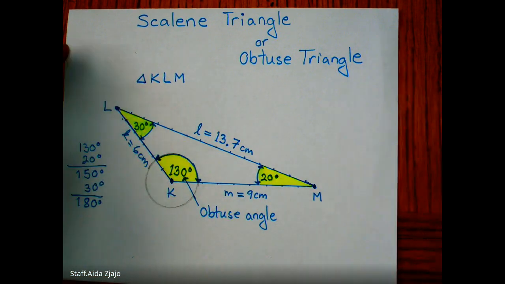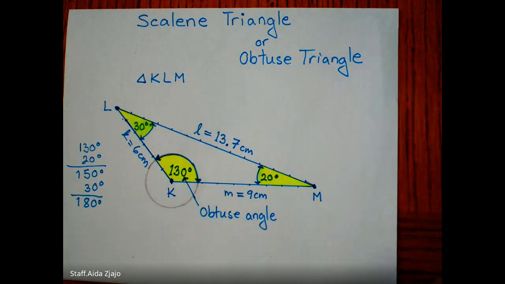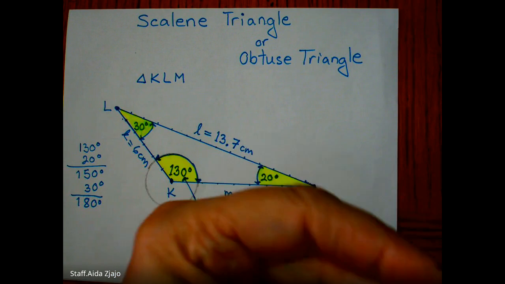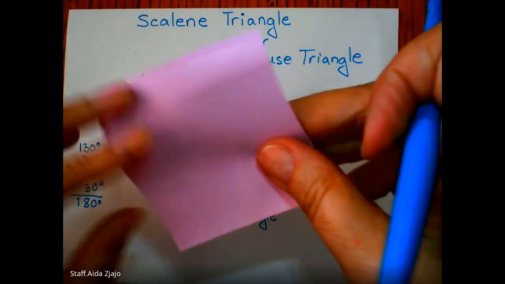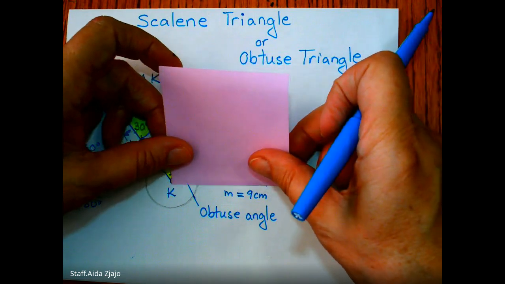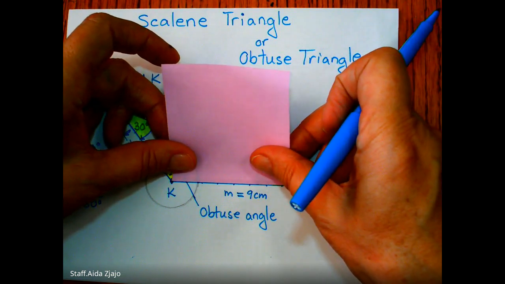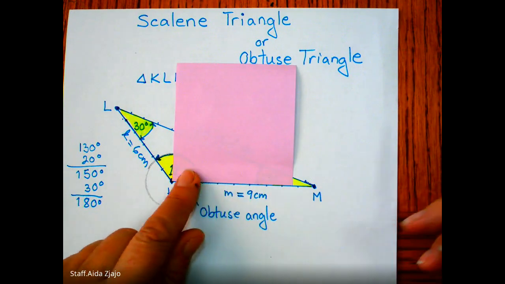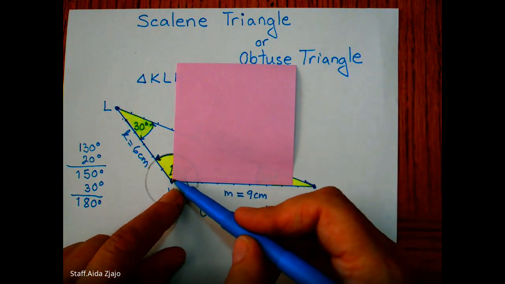We can check that with the sticker. I like to use the sticker when we check whether an angle is bigger or less than 90 degrees. I can put the edge of the paper parallel to the KM line, and I can see where the 90 degree angle would be.